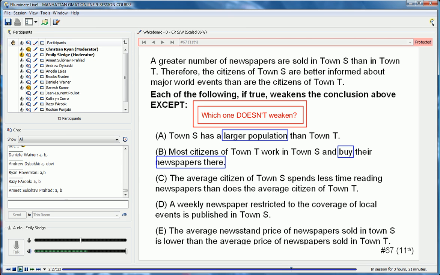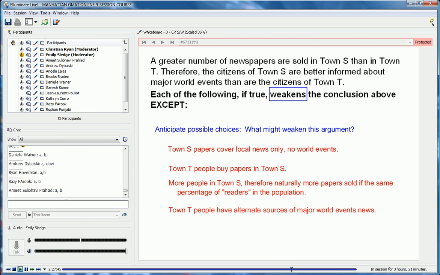All right, so you guys are seeing A and B as things that we came up with. I agree. We discussed the population implications at some length, and we talked about where people buy their papers. Maybe some of the papers sold in S are purchased by people in Town T. I'm going to hop back here and point you to this one.